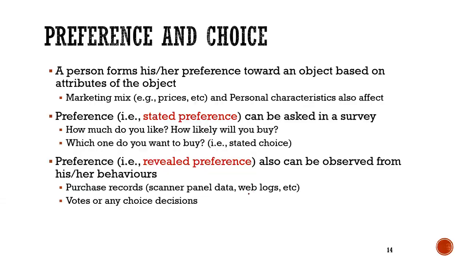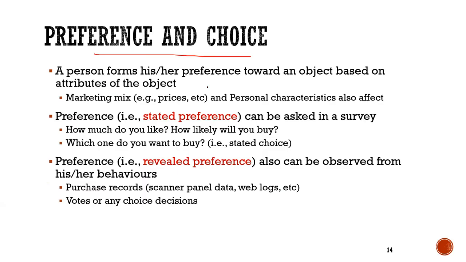Now, designing the discrete choice experiments. What are the unique features when you're designing these experiments? First, it is important to understand preference and choice. A consumer will form his preference towards a product based on the attributes.